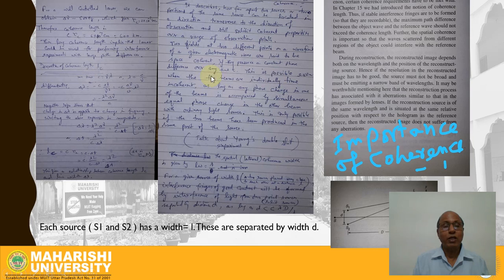So this is possible even when two beams are individually time incoherent. Individual beams may be time incoherent. That means they are not coherent with respect to phase.